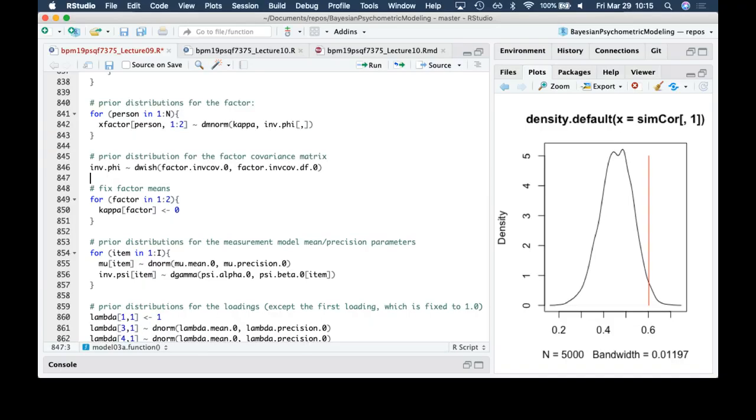So this inverse phi is going to contain a 2 by 2 matrix, that's the inverse covariance matrix. If we wanted to actually see the factor covariance matrix, and we're going to do that later on, I'll have to use the inverse command applied to this to get the factor covariance matrix.